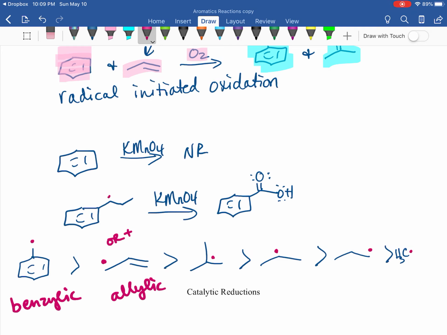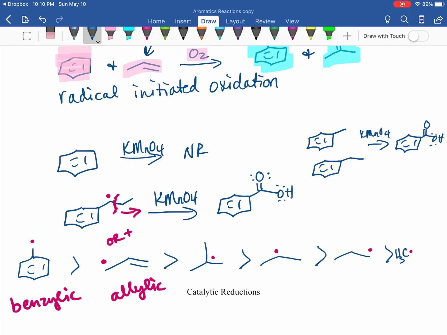So for KMnO4, an actual radical on benzene, not going to happen. Aha, but a radical right here next to benzene, totally going to happen. So whatever is attached here, you just break those bonds and lose it. So whether you have a methyl group, an ethyl group, anything over here with KMnO4, you are going to make the exact same thing, and that is benzoic acid.